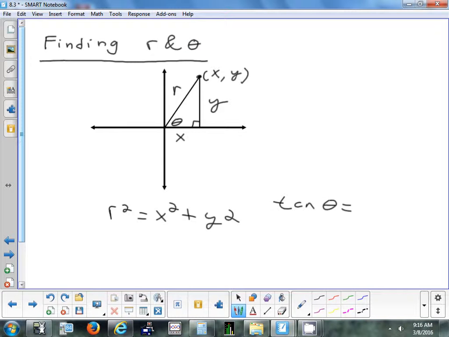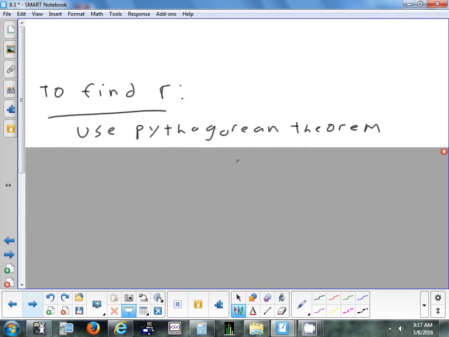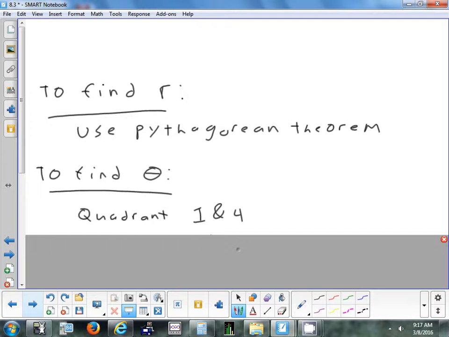Opposite over adjacent. Now, I don't want to know the tangent of theta. I want to know theta. So we take the inverse tangent of y over x.